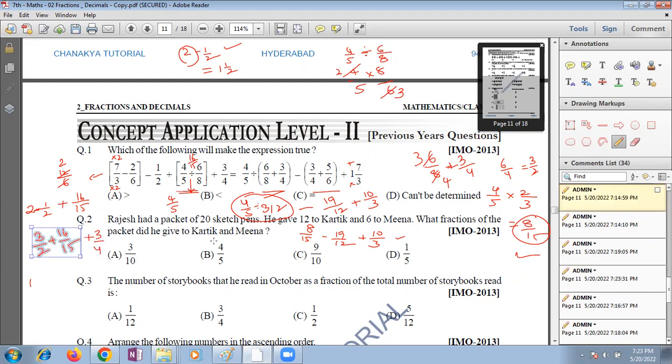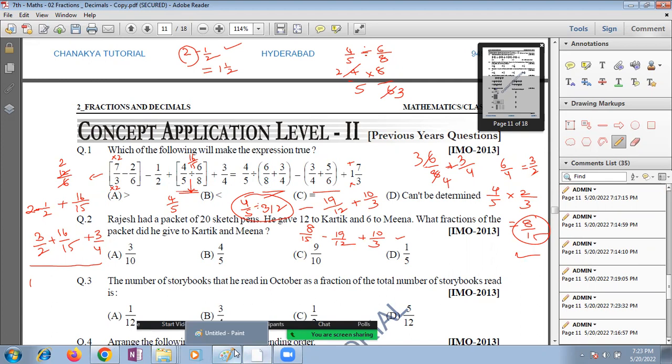Come on, please do this addition, children. Please let me know this answer. 2 and 4 LCM was 4 only. 15 and 4, 15 4s are 60. 3 by 2 plus 16 by 15 plus 3 by 4.